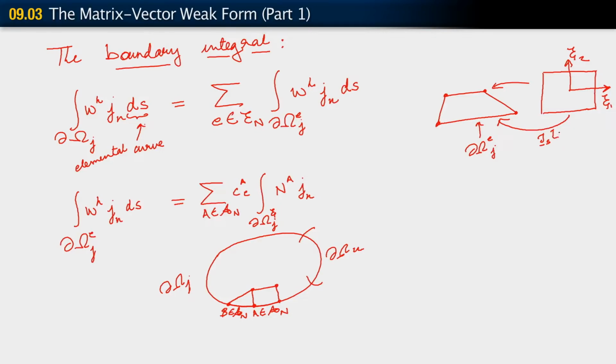In this particular case, the way I've written it out, J_S is a function only of xi_2.